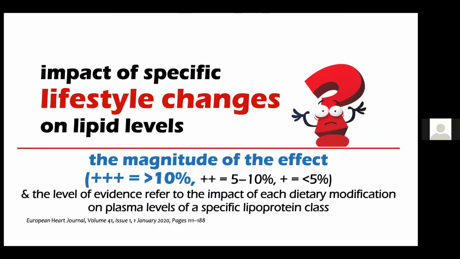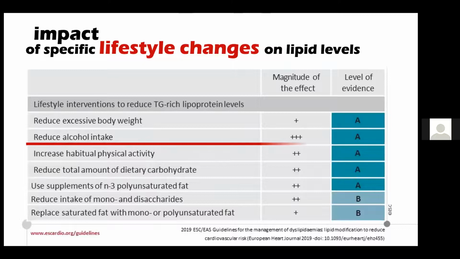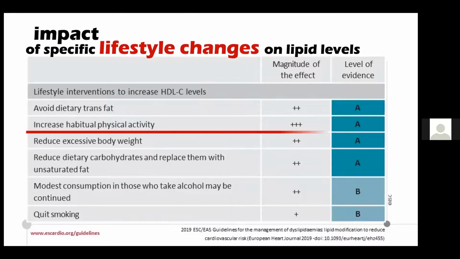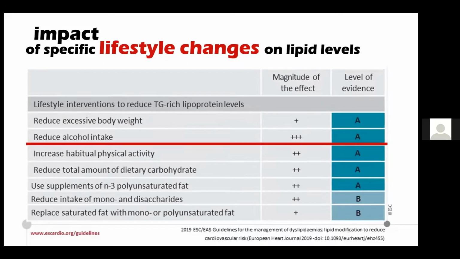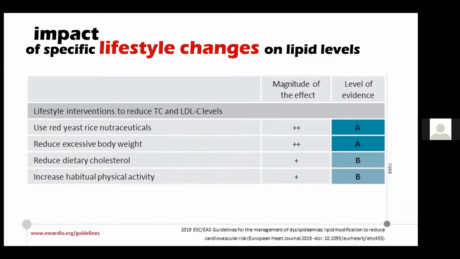Those measures that score 3 pluses are reducing alcohol intake and increasing physical activity. All other measures will reduce cholesterol by less than 10%. 2 plus is between 5 and 10%, and 1 plus is just less than 10%.